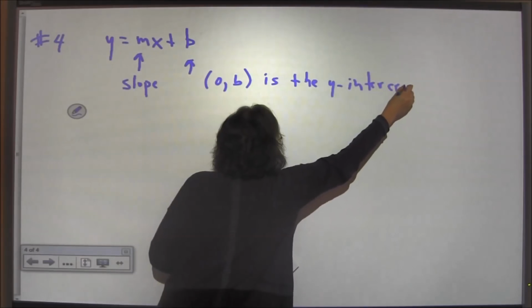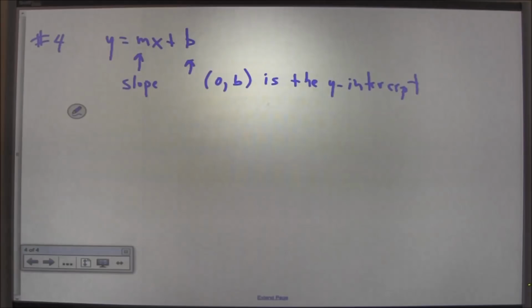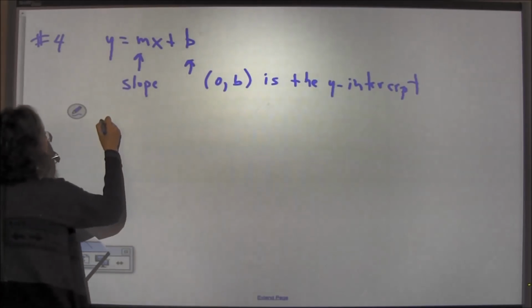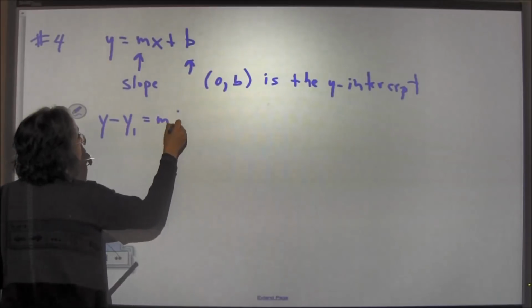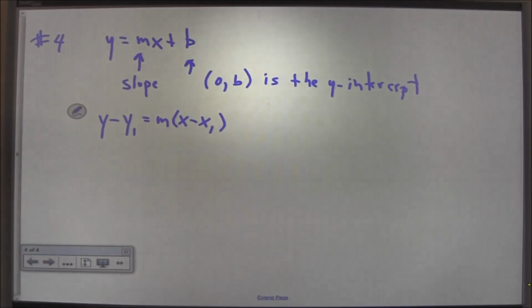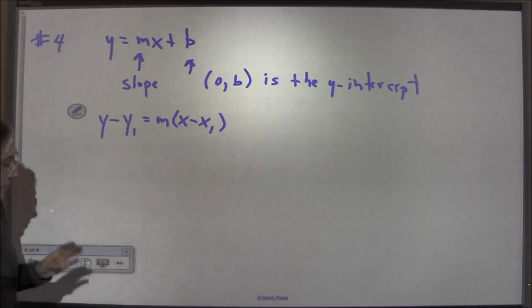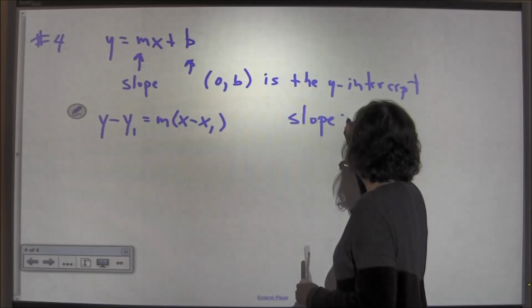So if you know those two things or can find them easily, you can just use that equation. The other equation is y minus y1 equals m times x minus x1, which comes from the slope formula, which we'll also put up here because you might have to find the slope.